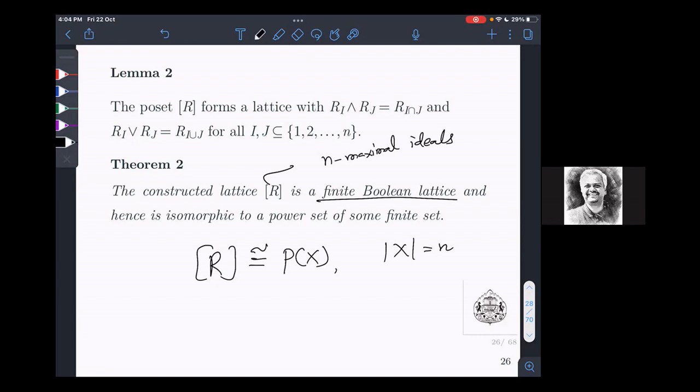So this is a very nice structure that we are getting. Now, the interesting part here is that once we have R as a Boolean lattice, from that one more lattice we are constructing. It's not the final construction we are expecting right now. It is an in-between construction of a lattice.